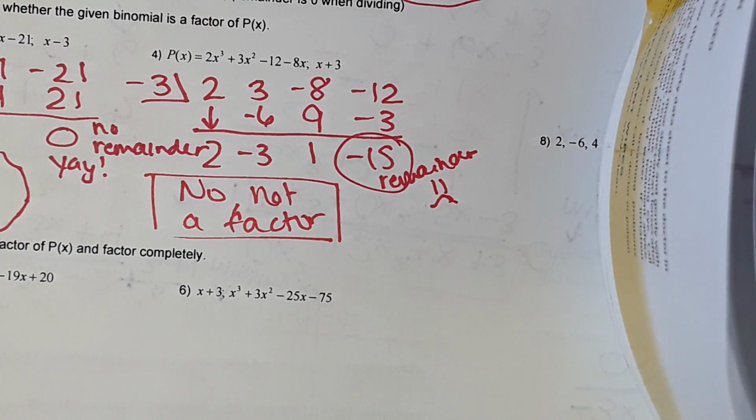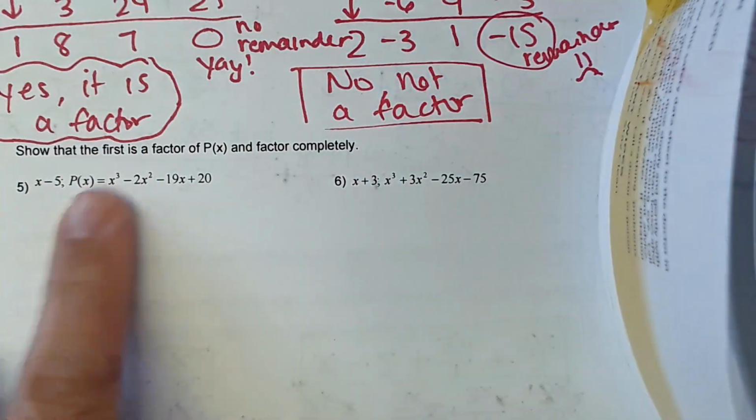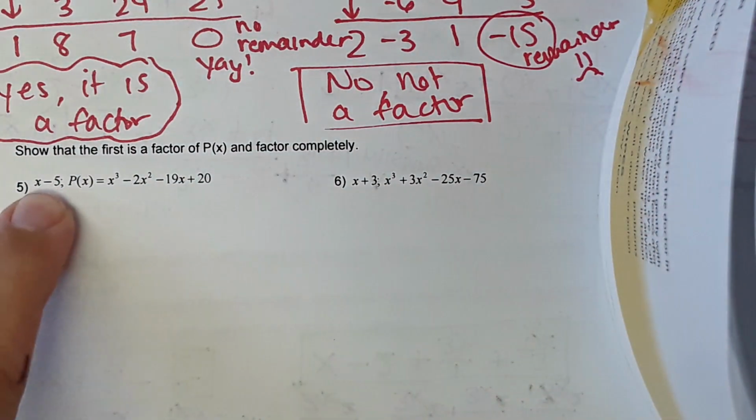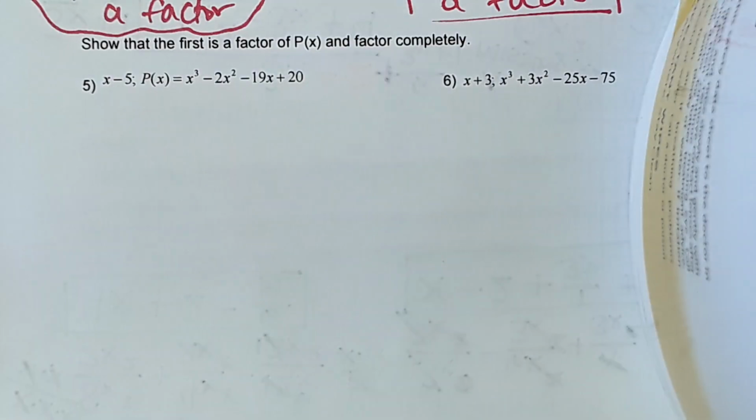Okay, next. In the next skill, we're going to factor it out completely. So we're going to divide by this factor that we're given, and then we're going to use the remainder to actually factor it out. If that doesn't make sense, I'll just show you what I'm talking about. So for number 5, same thing. We get this first factor, x minus 5.